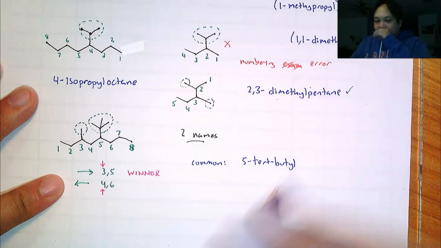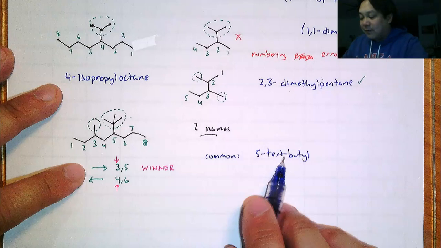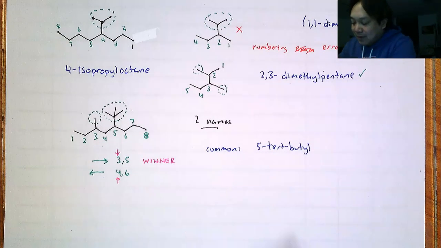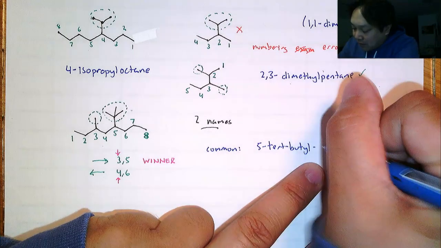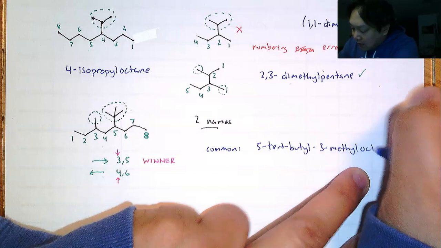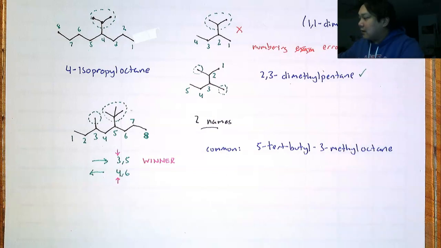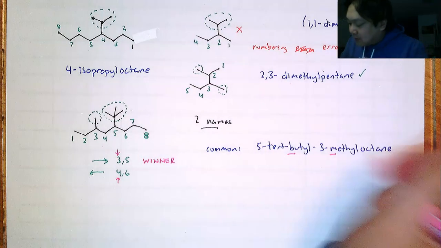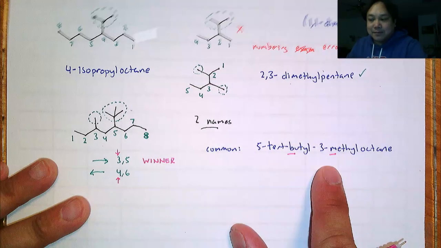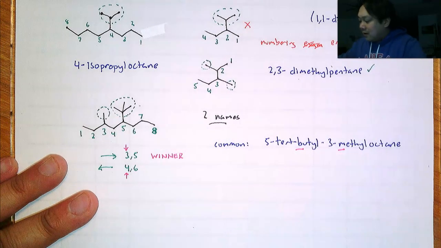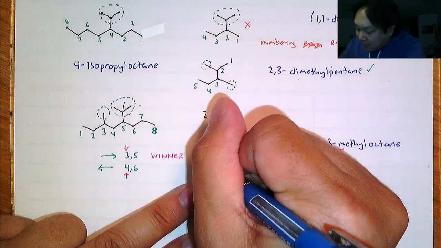Okay, so this is the one case where you have a hyphen between letters instead of between letter and number. 5-tert-butyl, 3-methyl octane. And when I grade the exams, I'm making sure that they use the correct alphabetizing. B, then M.